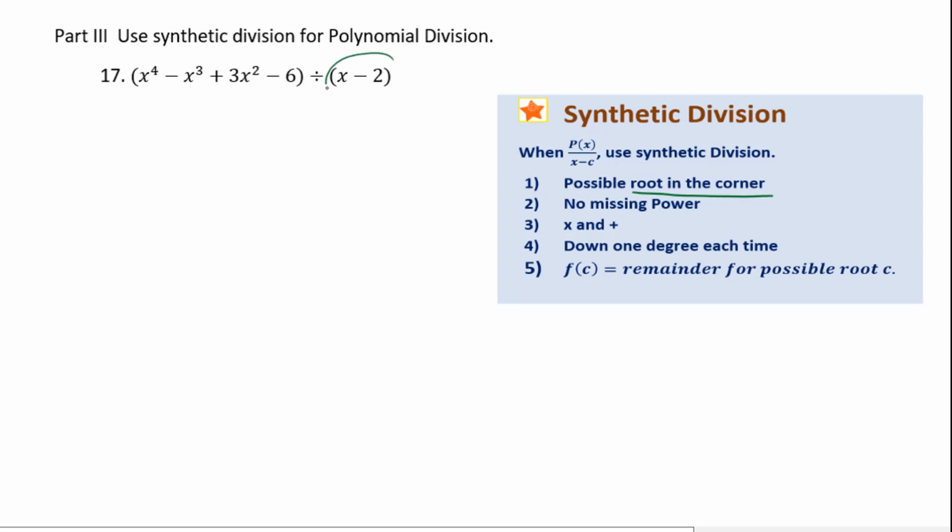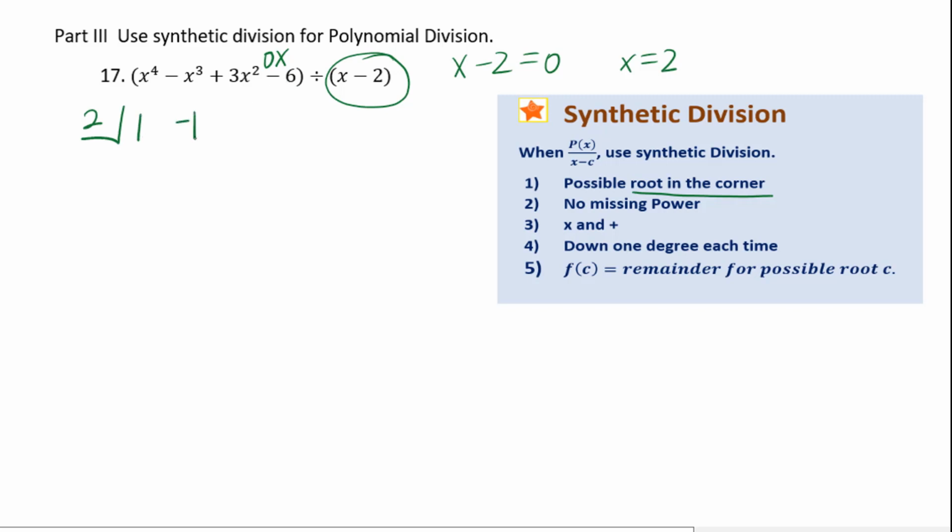We need to figure out the root. X minus 2 equals 0, x equals 2. No missing power. We will figure out the coefficients. X to the fourth power, x third, x squared, we need a 0x here, then minus 6.